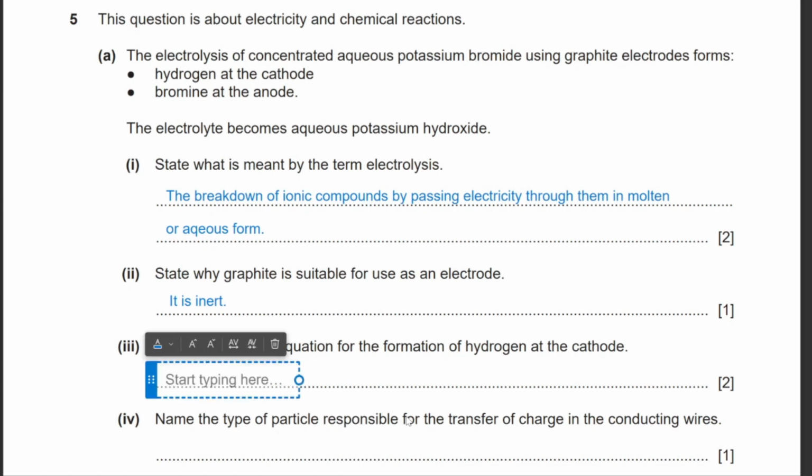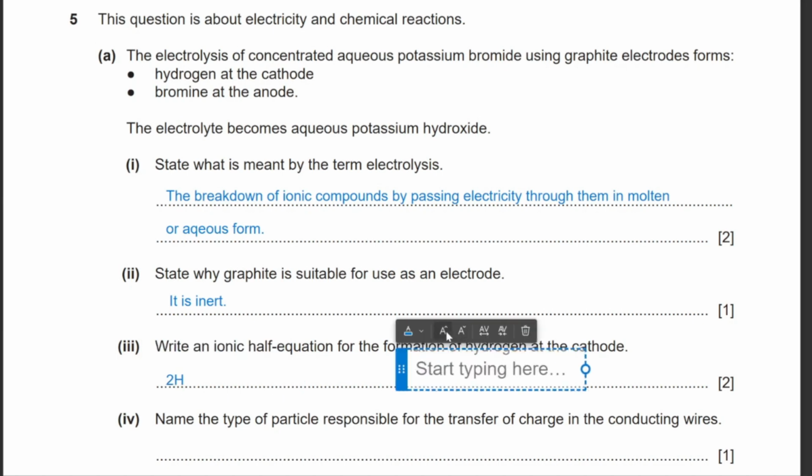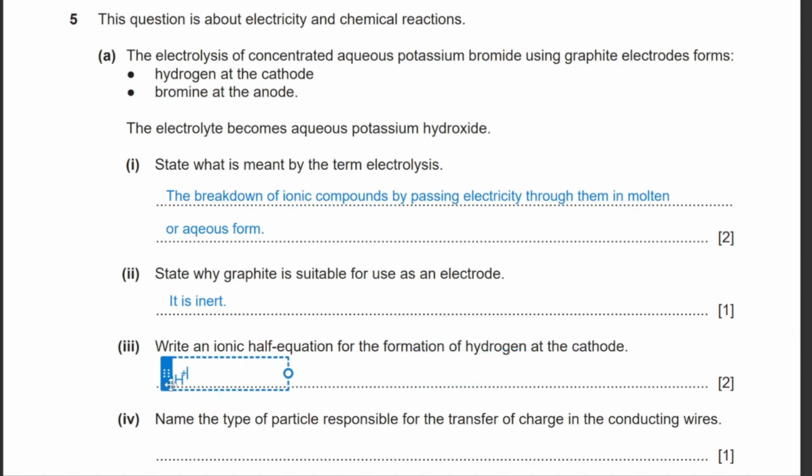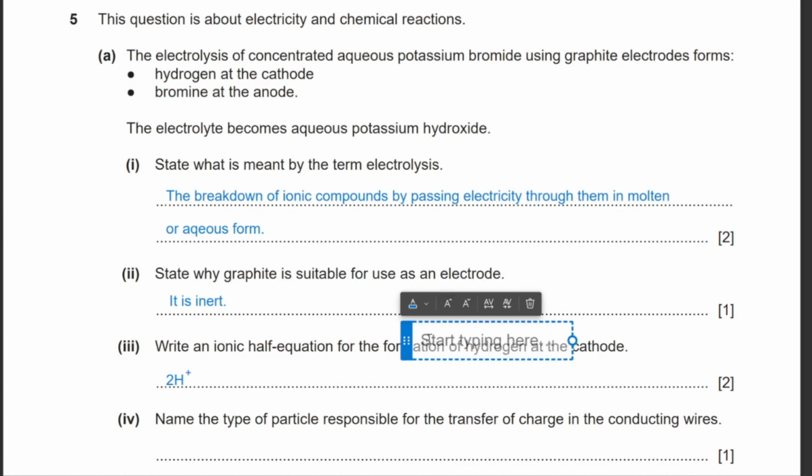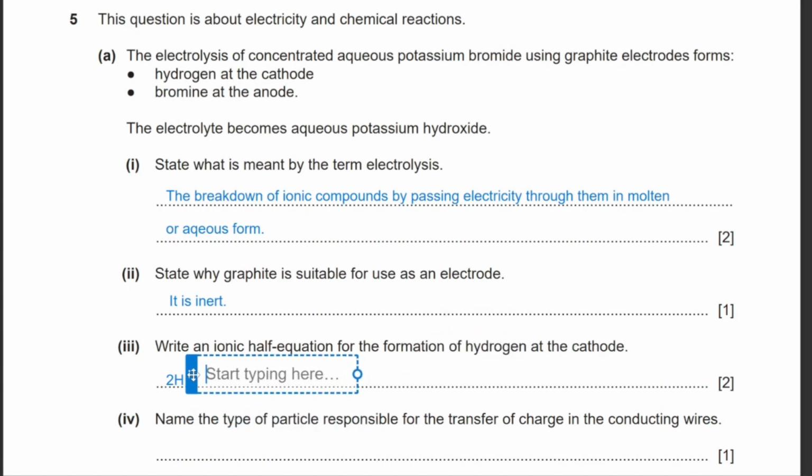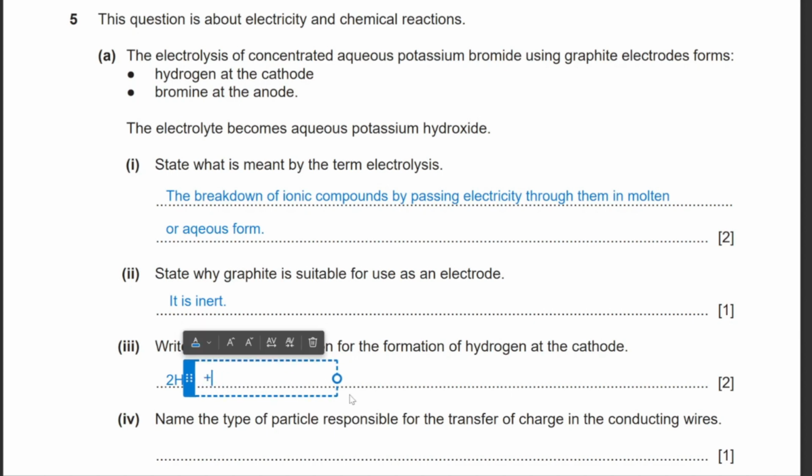That is basically 2H+ plus 2e- forming H2, the hydrogen gas.